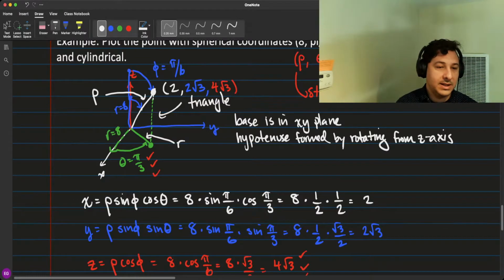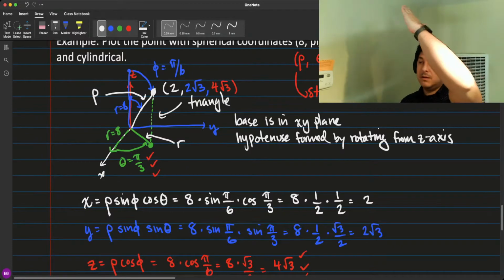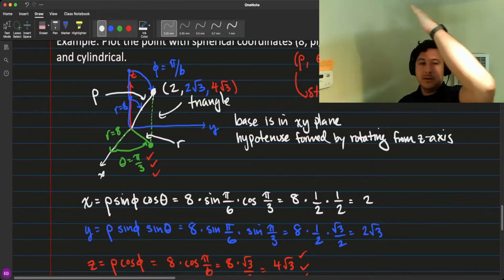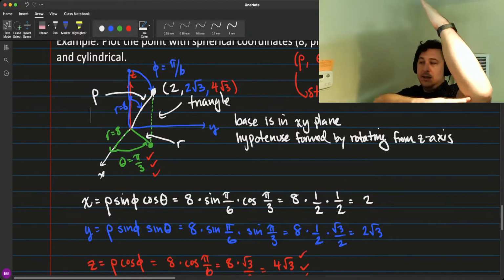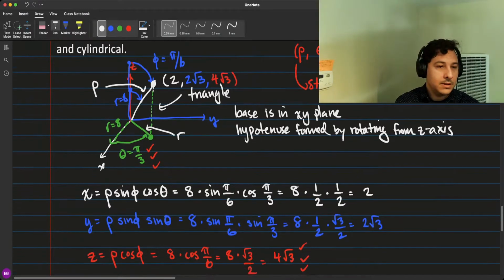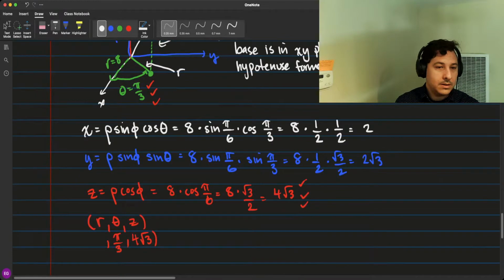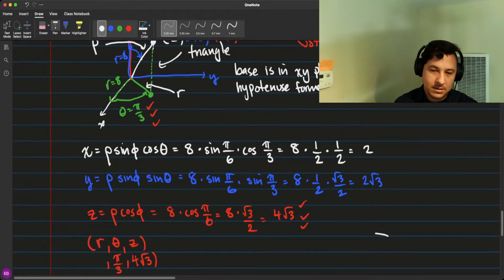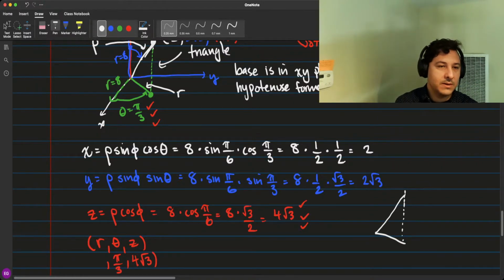So you want to figure out what the length of this green thing is right here. And actually that's not that hard to do because we have this triangle, with the rho, the r in the xy plane, and then the dashed line. This triangle is this one right here.